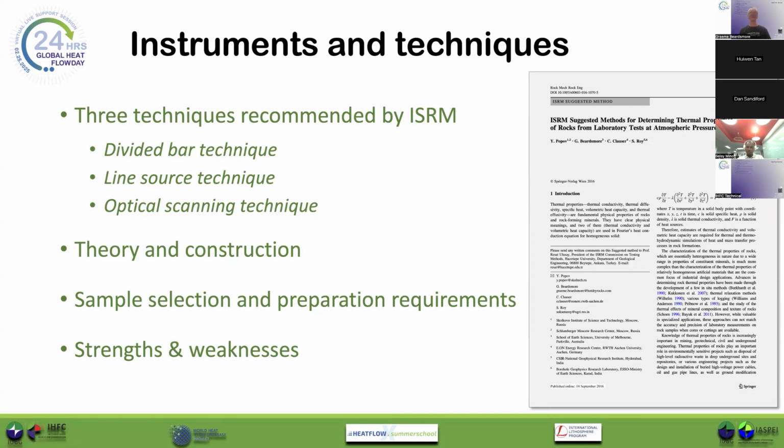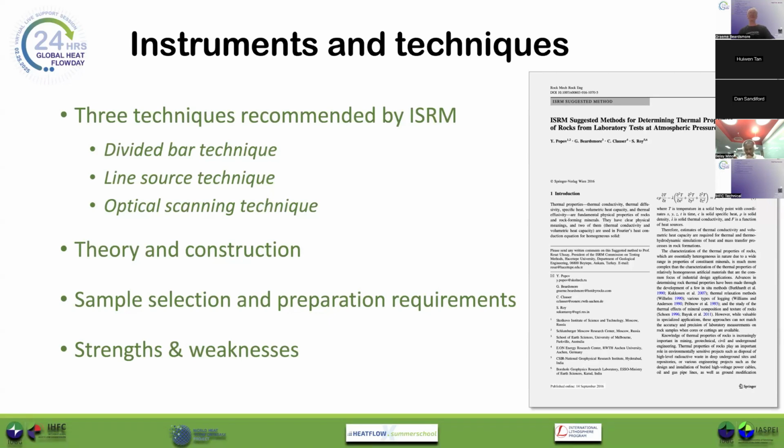And so I'll step through each of those techniques, and particularly the theory underpinning the technique, the construction of the instrument itself, and how sample selection and preparation of material applies to each of the instruments, and point out the strengths and weaknesses of each instrument.